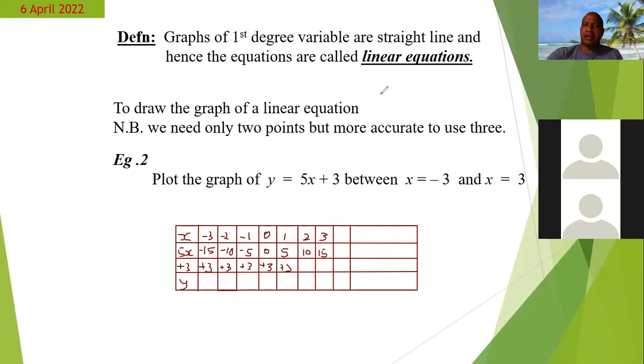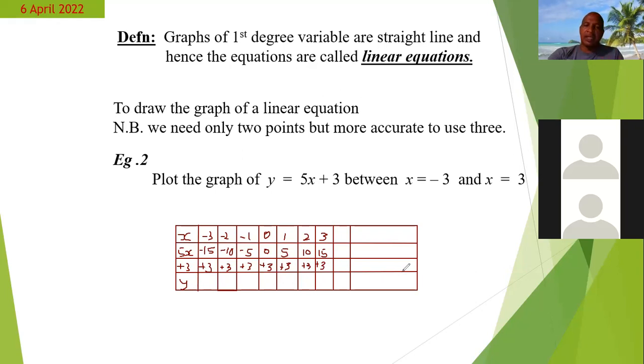All right, so you would have to just put in +3 all the way across in this row. Once you have put in all of your +3 here, now we are going to calculate the Y values.